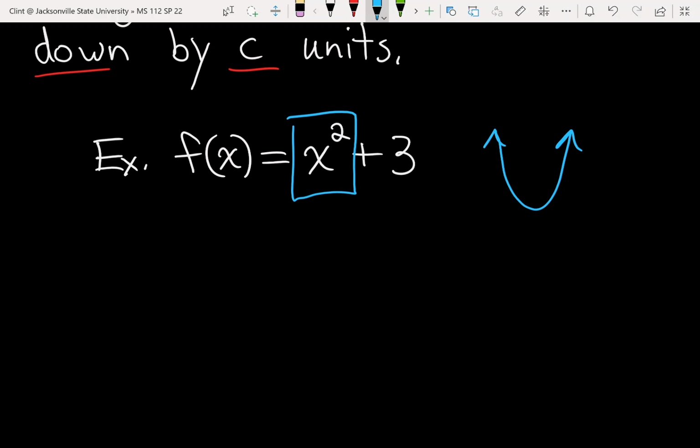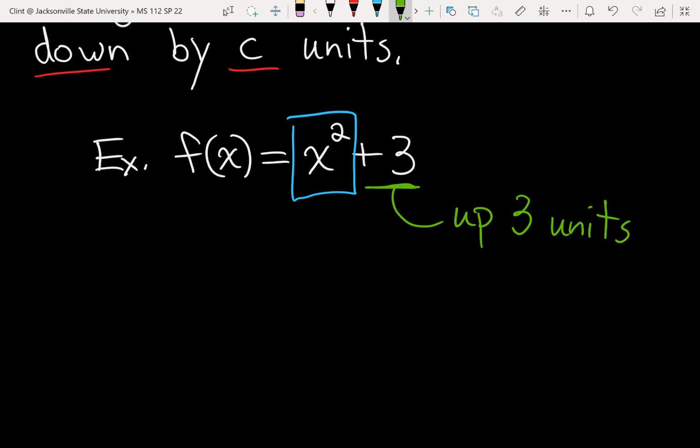And then the plus 3 out here, that's going to shift our graph vertically. Which way, up or down? Up, yeah. So it's going to make it move up 3 units. Whatever our graph looked like to start with, we're going up 3 units.